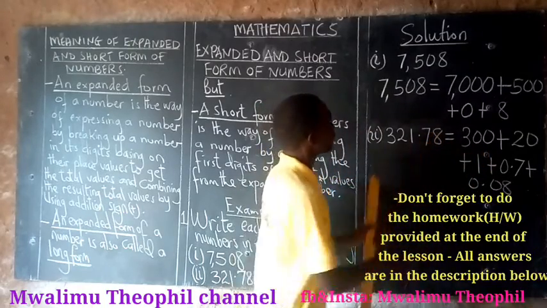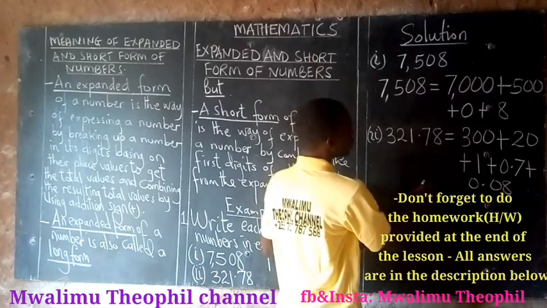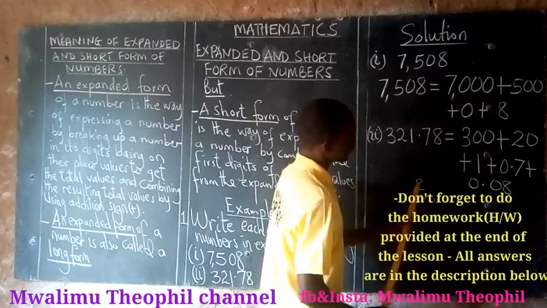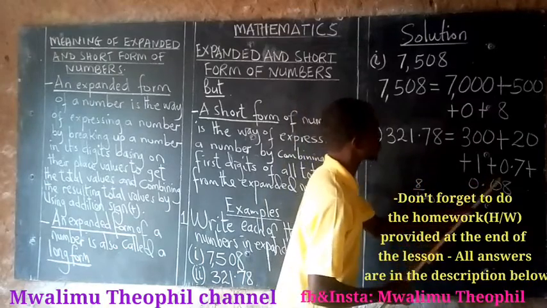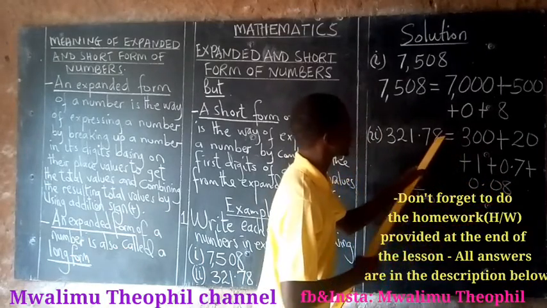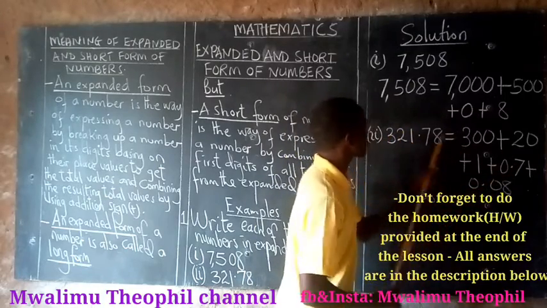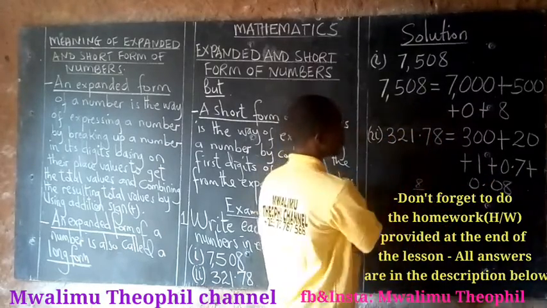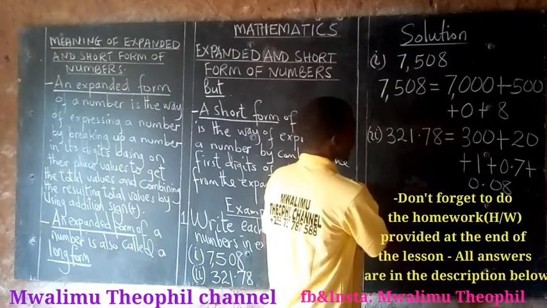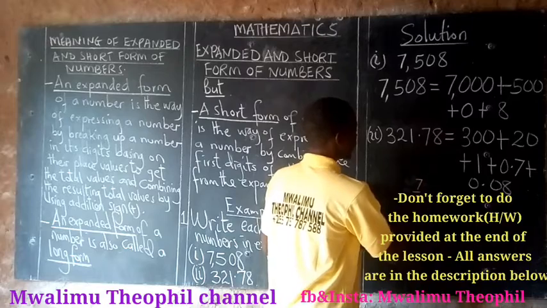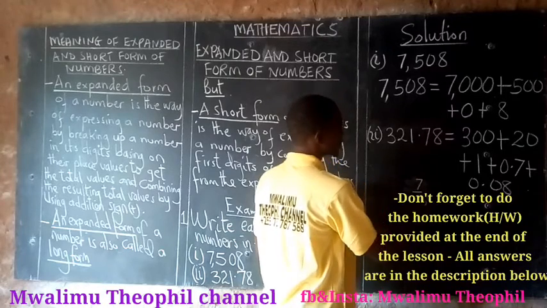As you know, if it is in hundredths, it is equal to taking 8 over 100. So 8 over 100, you get 0.08. So this is the total value for this 8 in this number. The same as I did with 7. 7 is in tenths, so it is equal to taking 7 over 10, because it is in tenths.